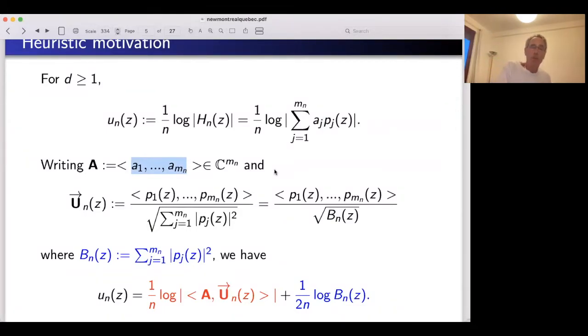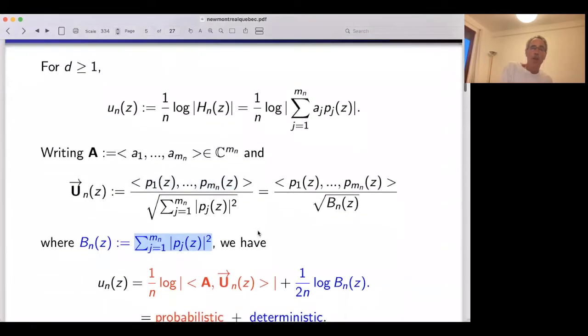This summation aj pj of z is a pairing of this vector with the vector of basis polynomials at the point z. If I form a unit vector by taking that vector of basis polynomials and dividing by its little l2 norm, I'll call the summation of the moduli squared of these basis polynomials B sub n of z.